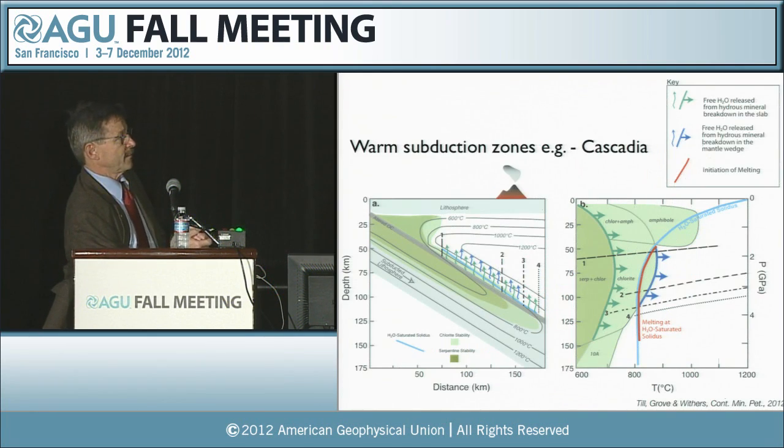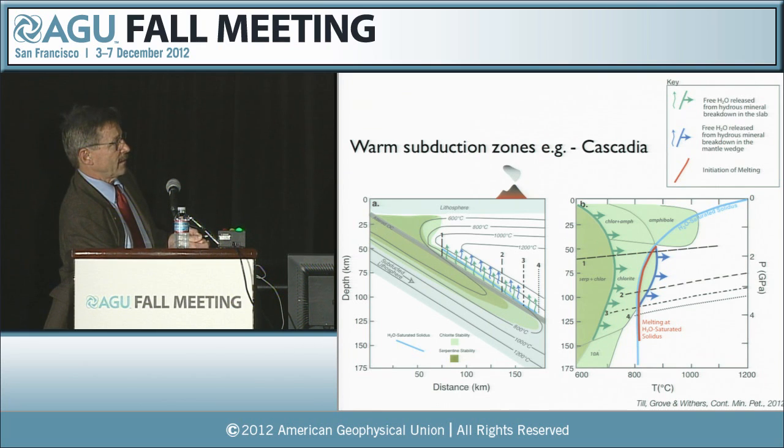So here we go. This is a warmish subduction zone, and this is a nice graphical representation, I think, of what's going on. The cartoon over here, basically, of a subducted slab and mantle wedge shows two sets of arrows.